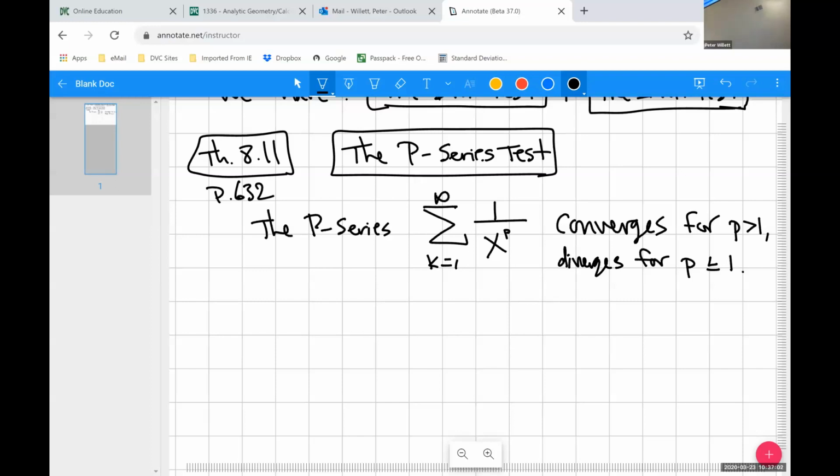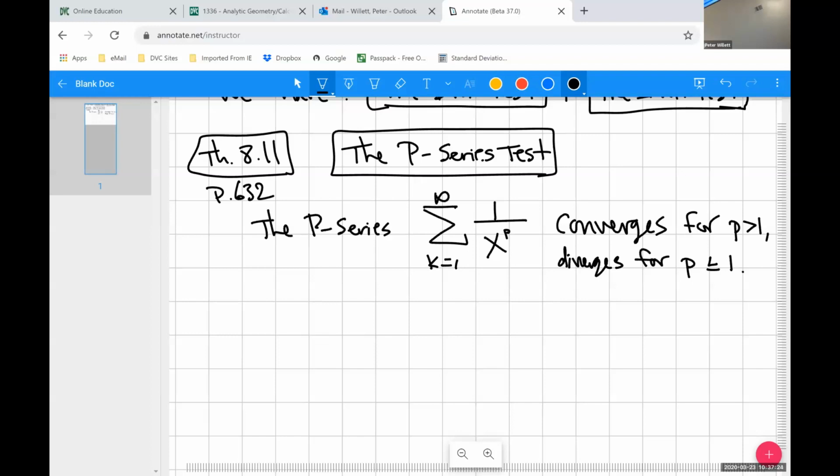So this is basically formalizing that big conclusion that 1 over x, or the harmonic series, is the exact borderline for determining whether it converges or diverges. It's the borderline of divergence.